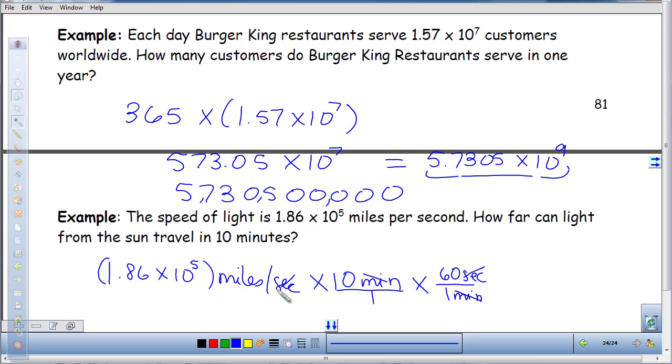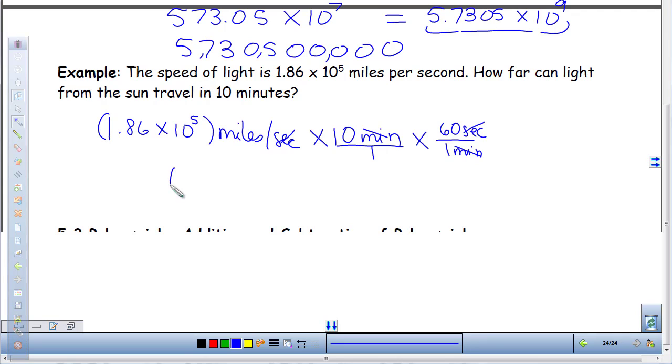Yeah, but instead of getting that tied up in here, I'm going to just take this 10 and put it with this one. So 1.86 times 60. Okay, 1.86 times 60 gives me 111.6 times 10 to the sixth because I get one here and one there.